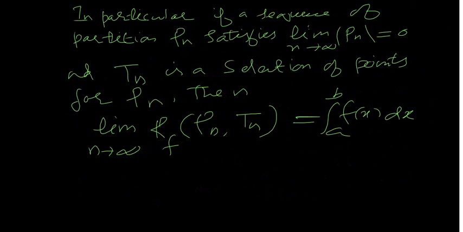First I will give an example where the limit of the mesh of the partition approaches 0. Let me explain this first. Let's take an example so that you can better understand it.